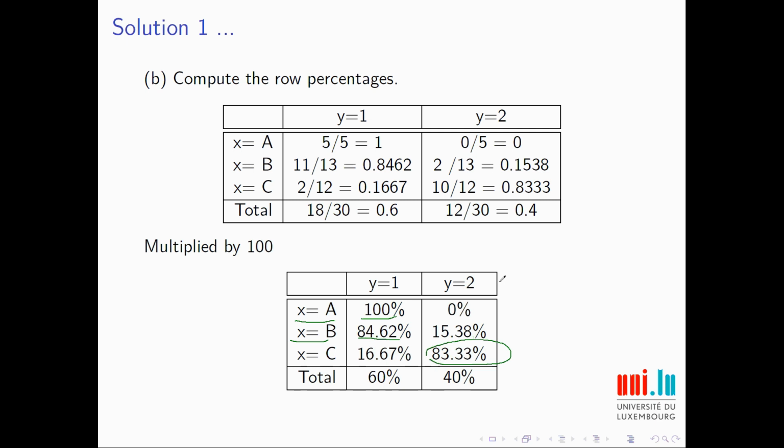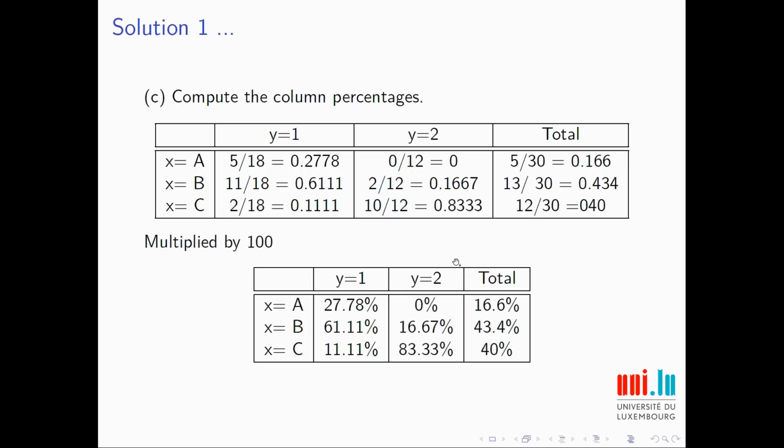Actually, it's not a very meaningful exercise because here we don't know what x and y are, what these variables are, and we just look at these percentages and state what we see. The same we can do when we consider these variables for y. We see, for example, that the most frequent pair is B1.